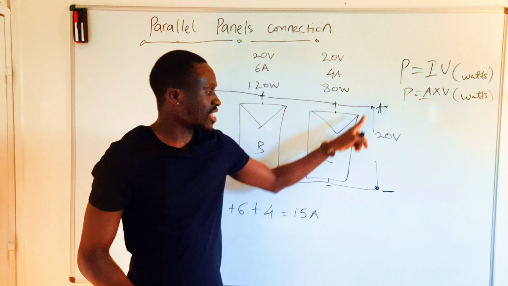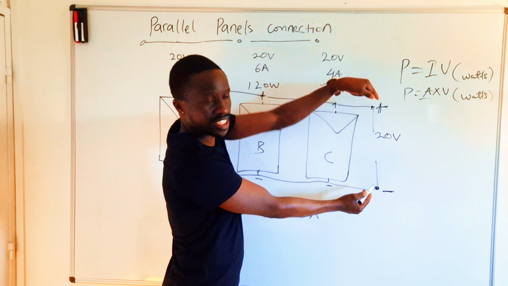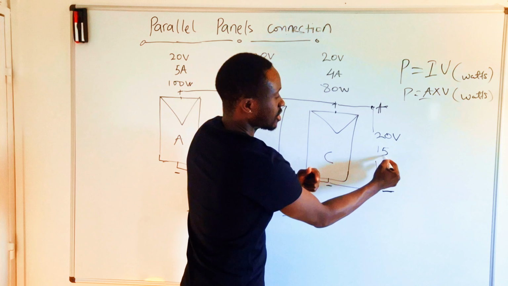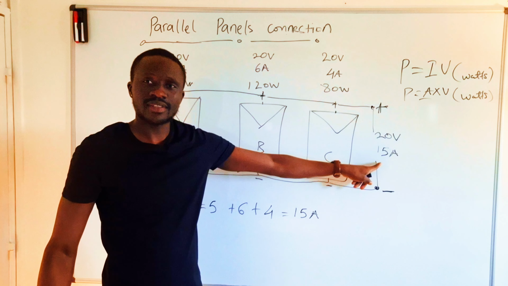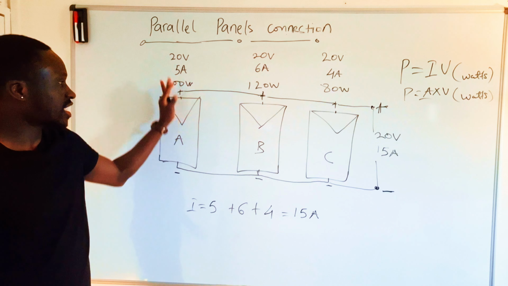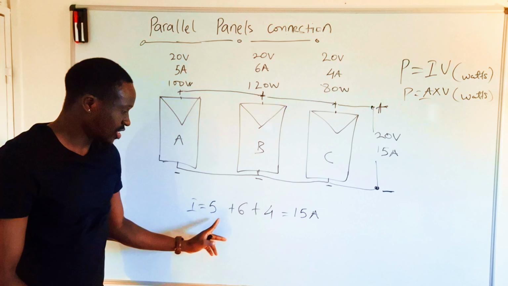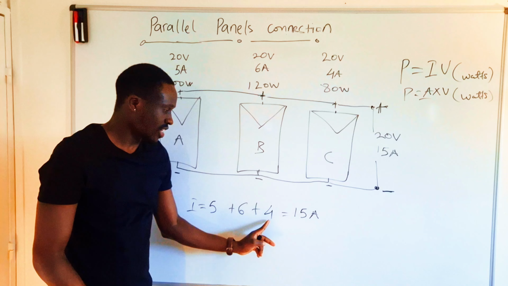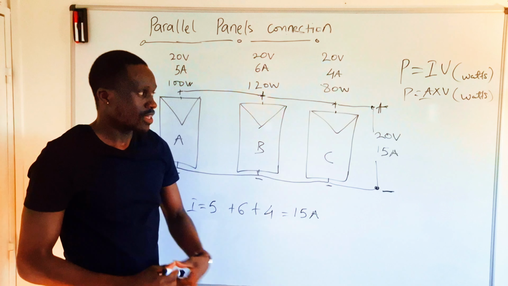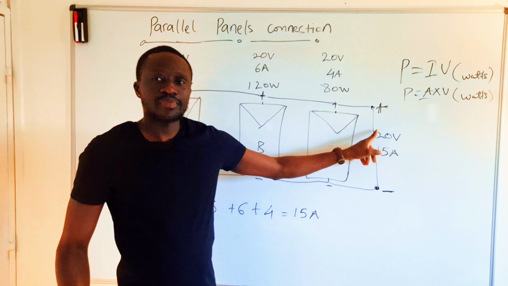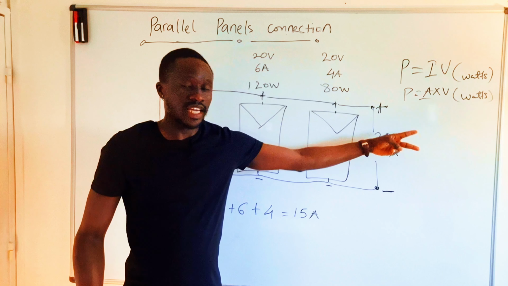If you measure the current on these positive terminals, the output, it gives us 15 amps. We have added the current of this panel, this panel, and this panel, which is 5, 6, and 4, giving the 15 amps. And this is our system. This terminal will be connected to a regulator.